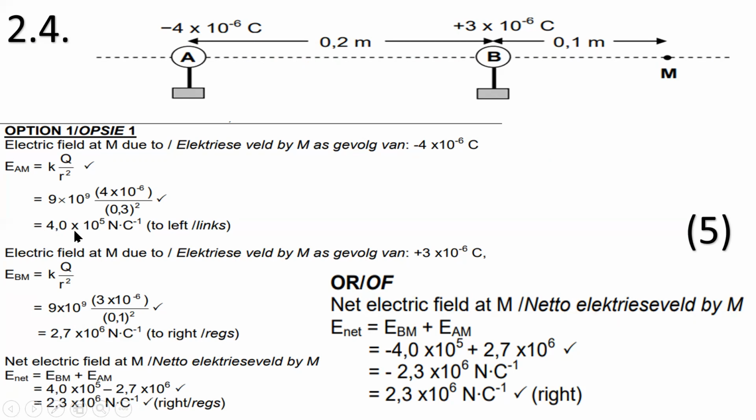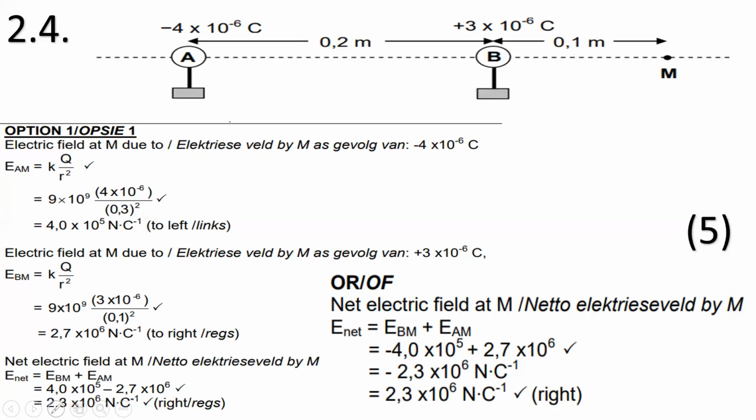When you convert it to the power of 6, it's going to be 0.4. You have 0.4 to the left, and then 2.7 to the right. Because this is 10 to the power of 5 and this is 10 to the power of 6, otherwise you are going to get confused that 4 is bigger than 2.7. So the one to the right is bigger, stronger.